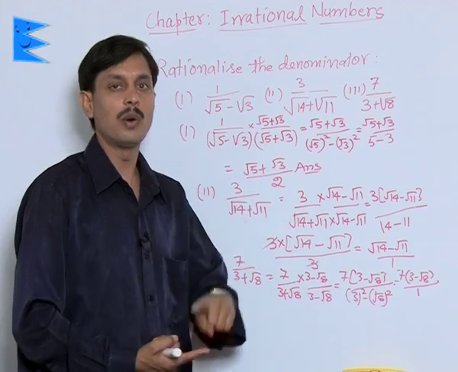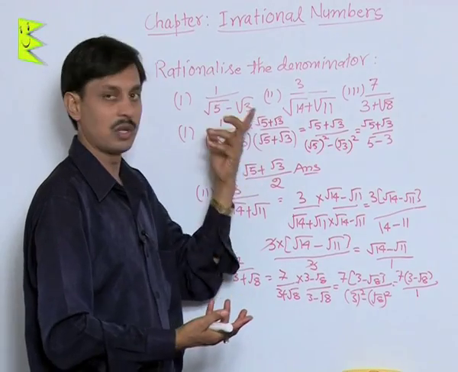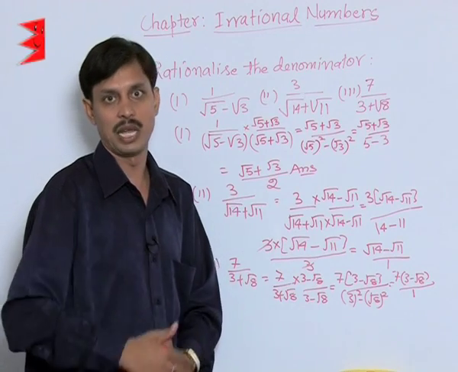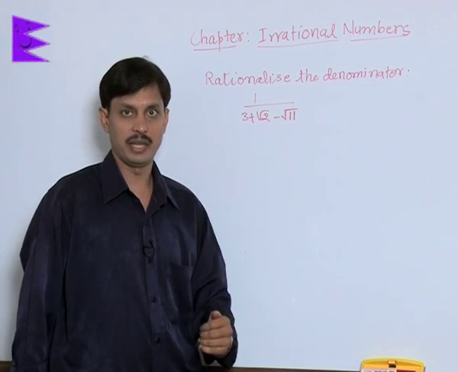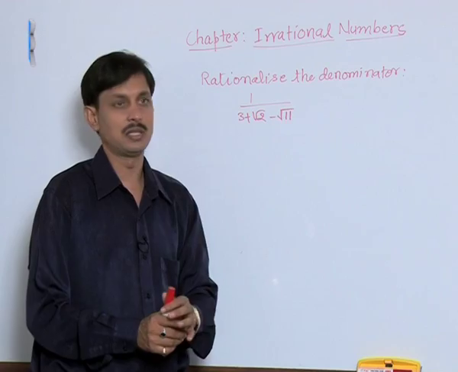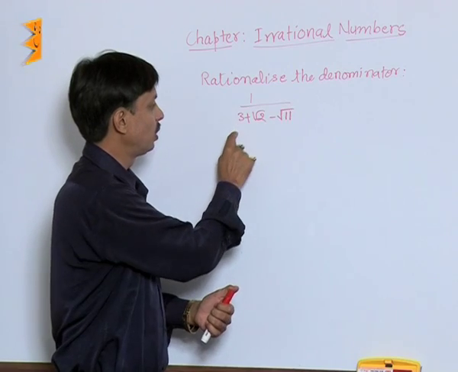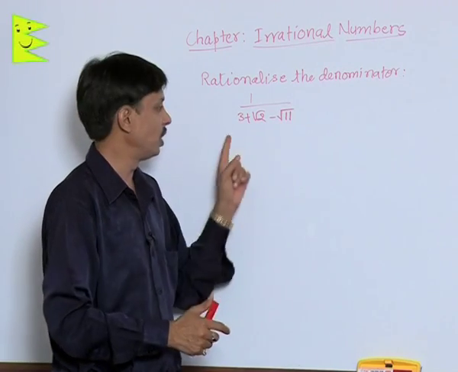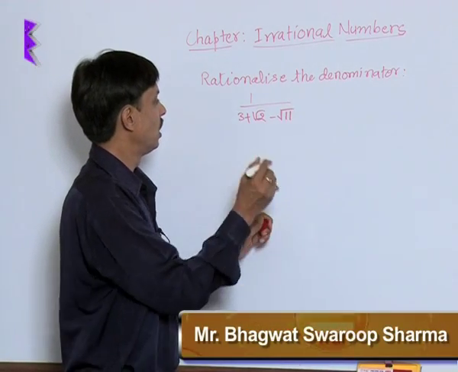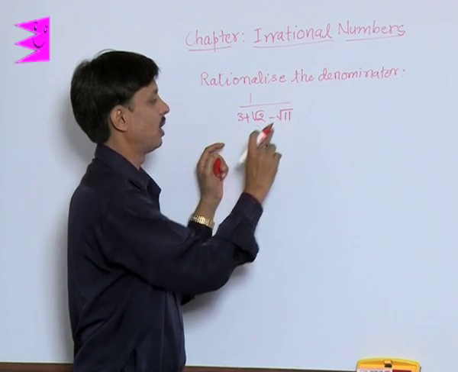Now I will tell you how to rationalize surds or irrational numbers having three terms in the denominator, that is, trinomial type questions. I am taking an example where the denominator is a trinomial: 1 upon 3 plus root 2 minus root 11, three terms. So I will make a pair of two terms. Suppose 3 plus root 2 is taken as one term and minus root 11 is taken as another term.